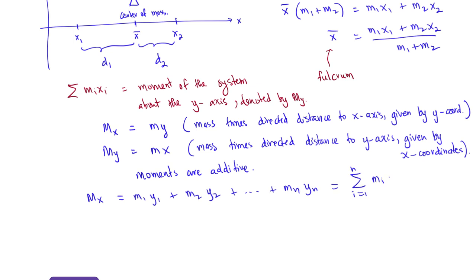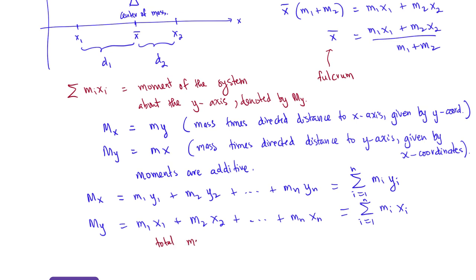This is the sum as i goes from 1 to n of mi yi. The moment about the y-axis is m1 x1 plus m2 x2 all the way to mn xn. The total mass is m1 plus m2 plus all the way to m sub n, which is the sum as i goes from 1 to n of m sub i.